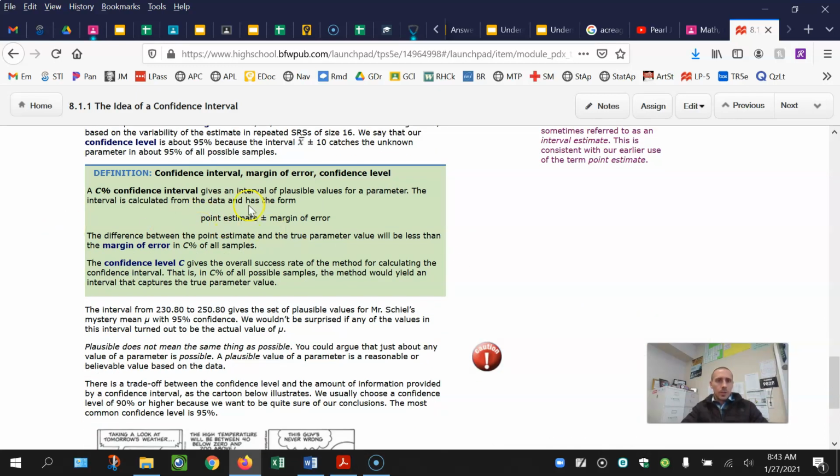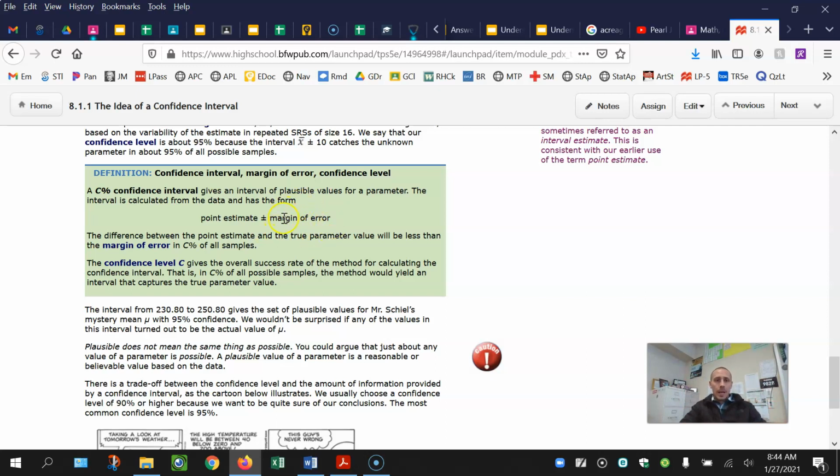Taking the blue eyes example that I just came up with, my point estimate would be 15%. So say 30 out of 200 people that we sampled had blue eyes. 30 divided by 200 is 0.15. That's my point estimate. Well, I'm not going to be certain that that is the true value. I have to have some wiggle room, some margin of error, we call it.